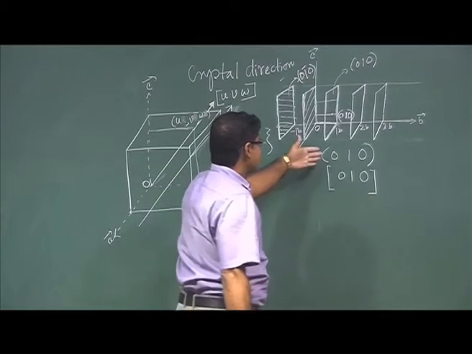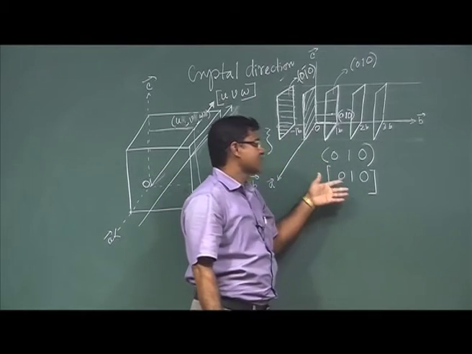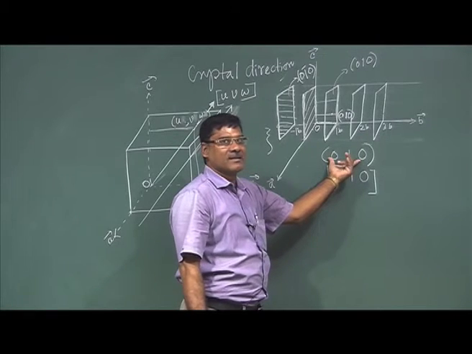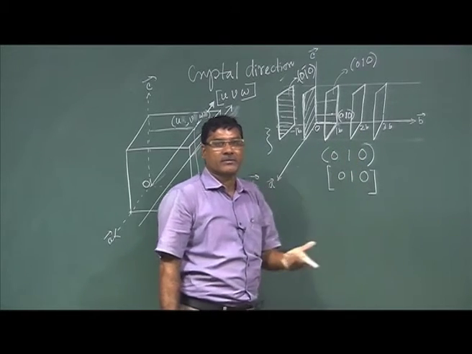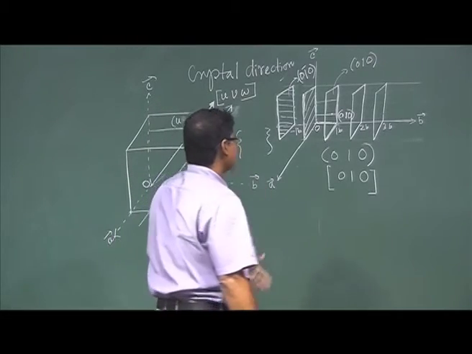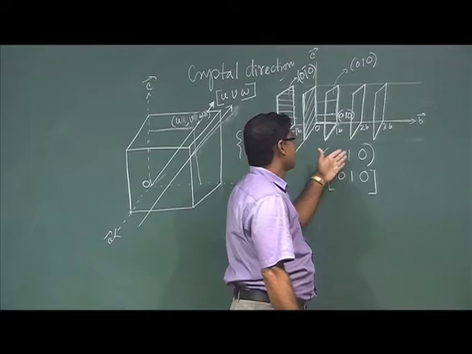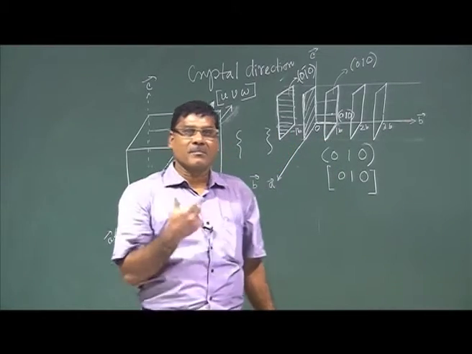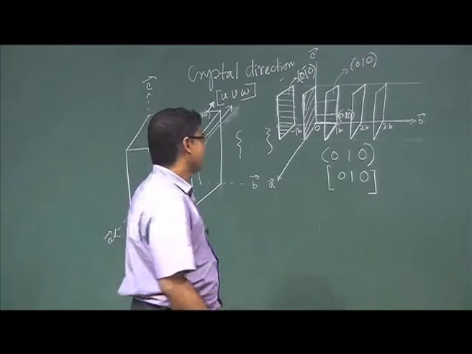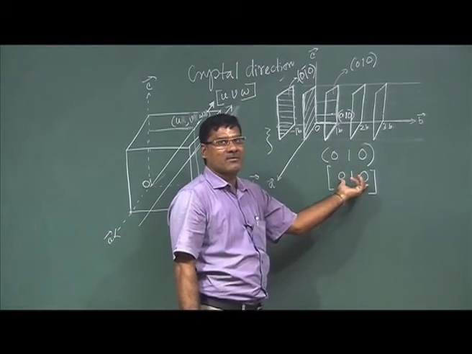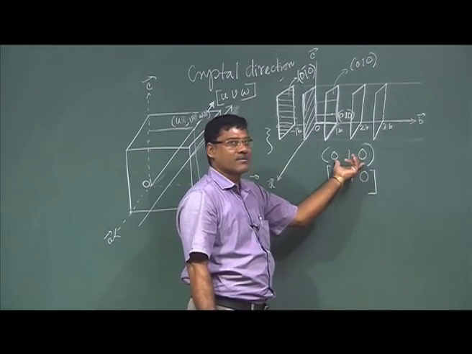So, from here you can see that the Miller indices we have used for the planes, that is 0 1 0, and the direction of that plane is basically this UVW, having the same value of HKL, right.